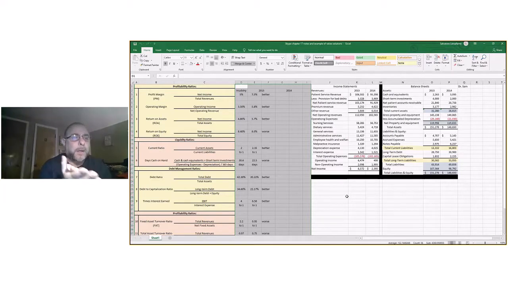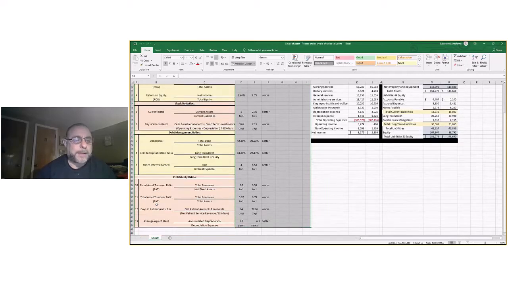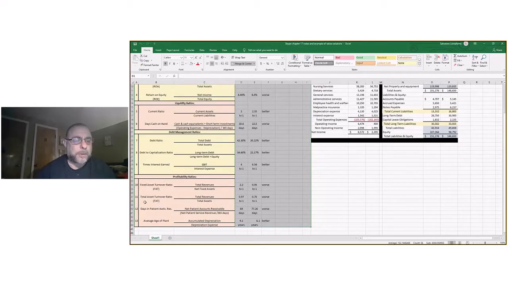So profit margin, operating margin, return on assets, return on equity, current ratio, days cash on hand, debt ratio, debt to capitalization ratio, times interest earned, fixed asset turnover ratio, total asset turnover ratio. There's actually a whole bunch more turnovers.